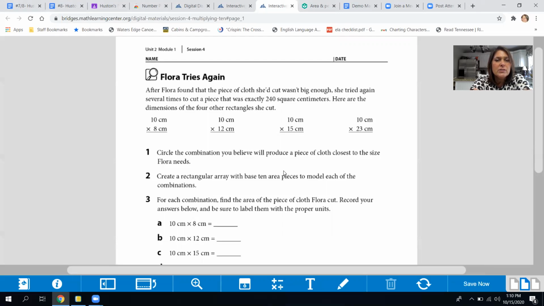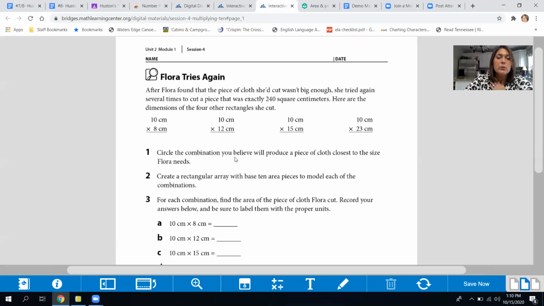Here are the dimensions of the 4 other rectangles she cut. 10 centimeters by 8 centimeters, so 10 by 8. 10 centimeters by 12 centimeters, 10 times 12. 10 centimeters by 15 centimeters, 10 times 15, and 10 centimeters by 23 centimeters, 10 times 23.